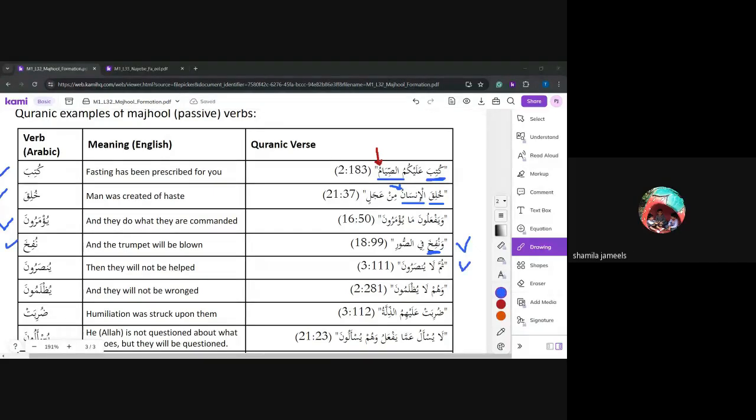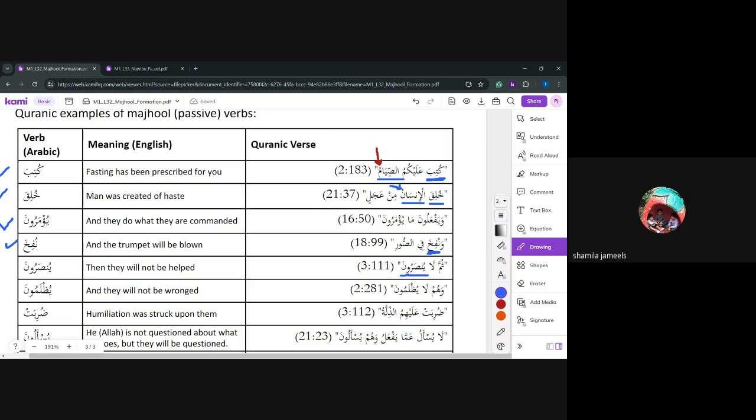Yes, it's Yumsaruna. Yumsaruna is a Mudari Majhool. Why? Because it starts with the U and ends with the Una. Pattern u'alu.